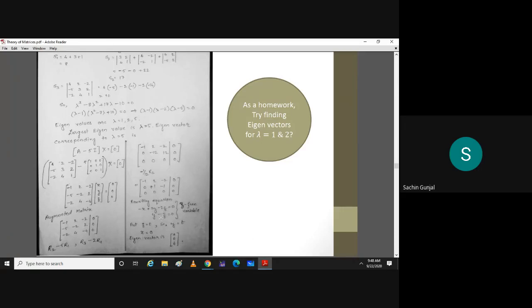Let us put z equal to t in the last equation. So what will be y? T only. So z is equal to t, y is equal to t. Substitute it in the first equation. You will get x equal to 0, right? Yes, sir.